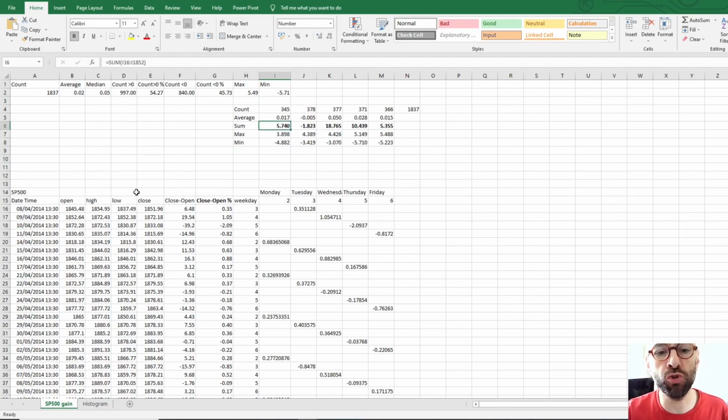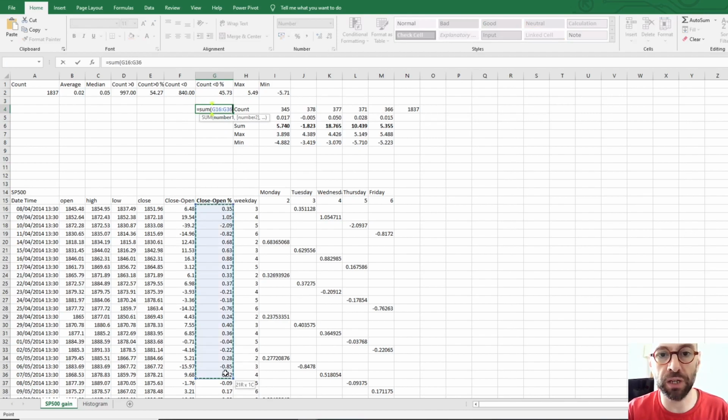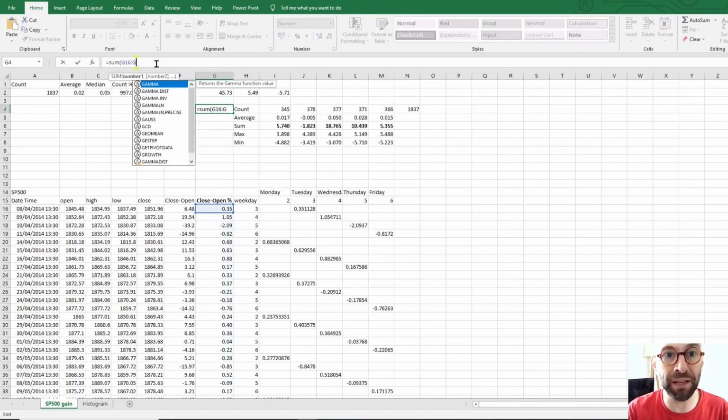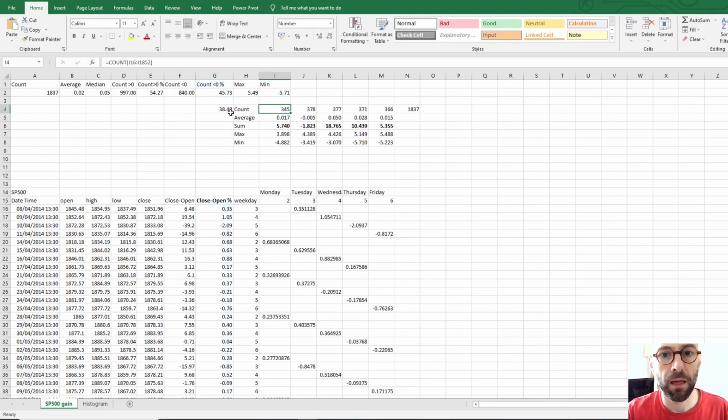And of course, what we should do, just as a benchmark, is see what we would get if we were to track the Standard & Poor's 500 every single day of the week. That's very easy to do as well, so we can have something to compare against. If we were following the Standard & Poor's every day of the week, we would be looking at a gain of 38.48%.